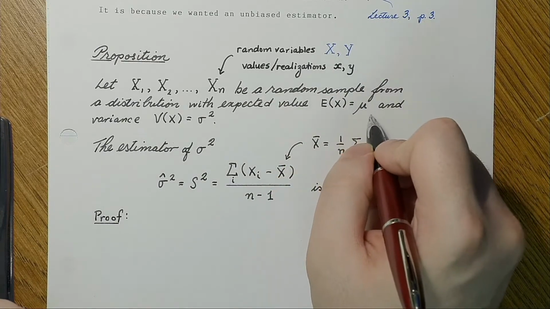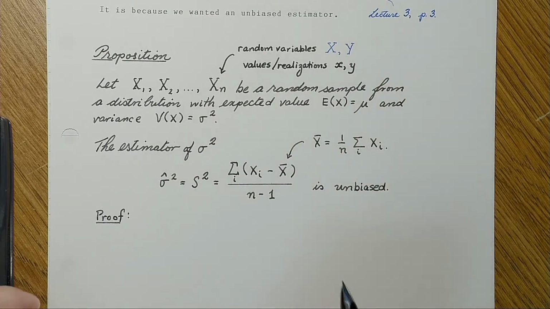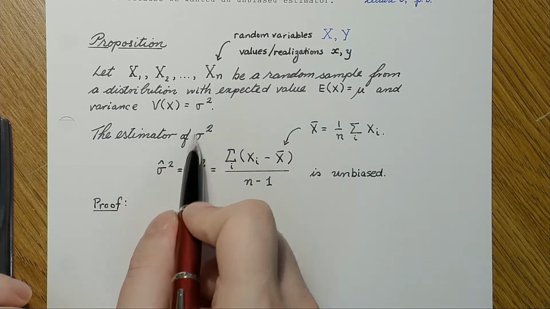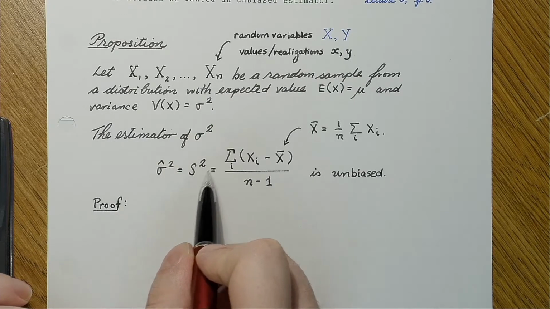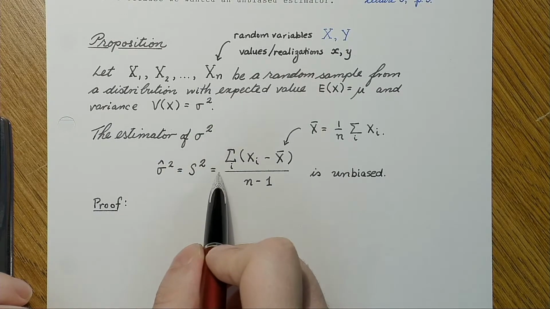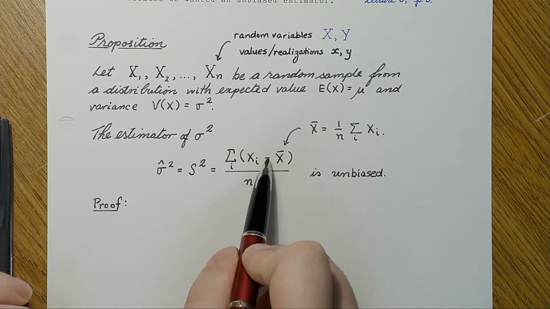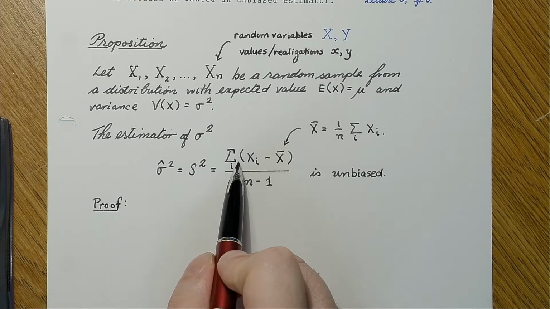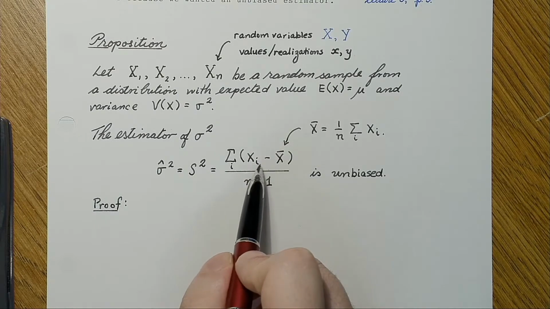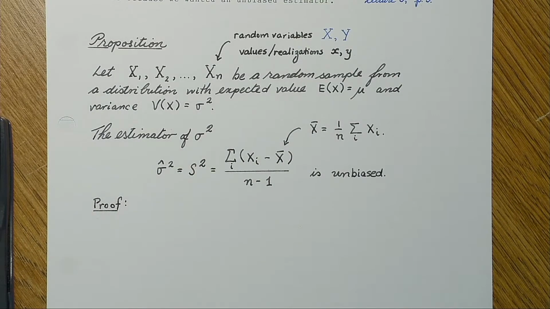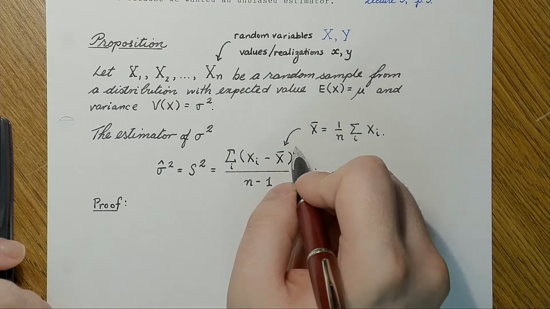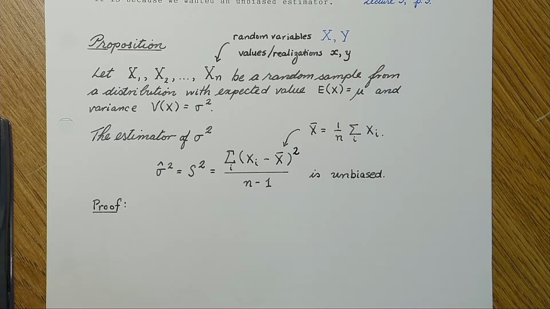You can think of that as the population parameter, and the estimator of sigma squared, so we have the little hat on top here, is equal to big S squared, and we have our sums of differences between the value and x bar, and we divide that by n minus 1. Oops, and I forgot the squared here. Right, we wanted the squared distance.